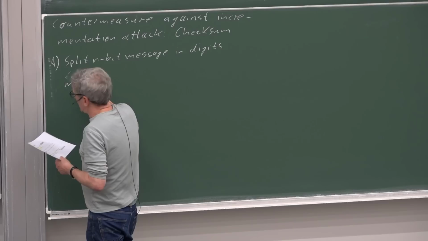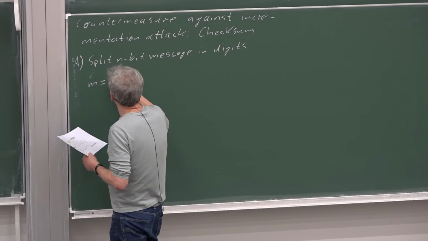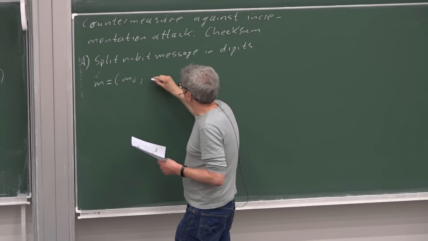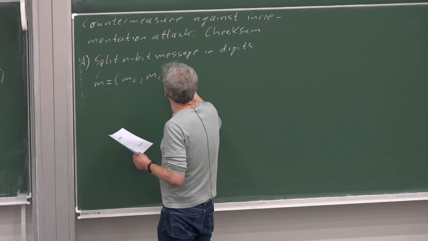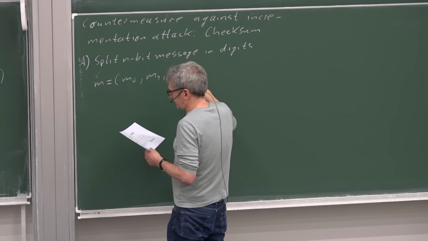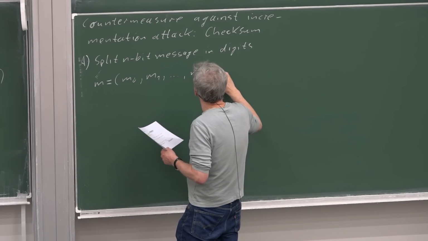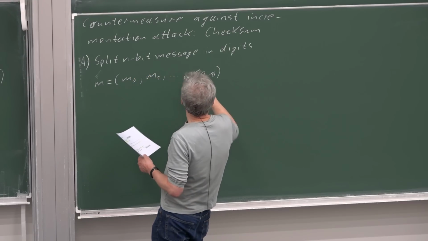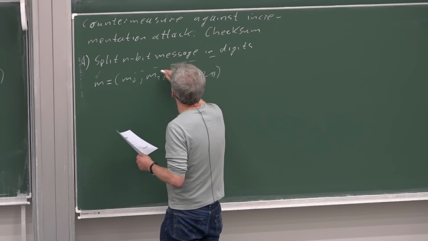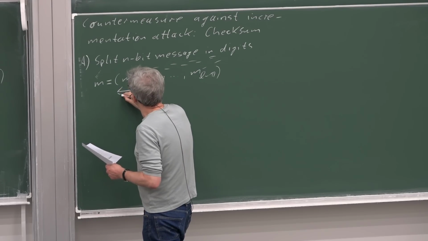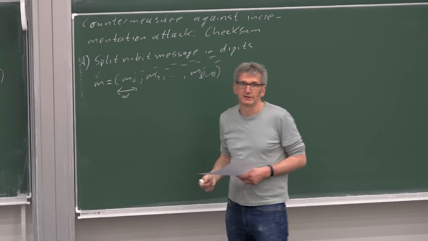So now after the split, we have a digit here, so the M0, M1, up to ML minus 1. So these are digits here. And each digit has W bits, okay?